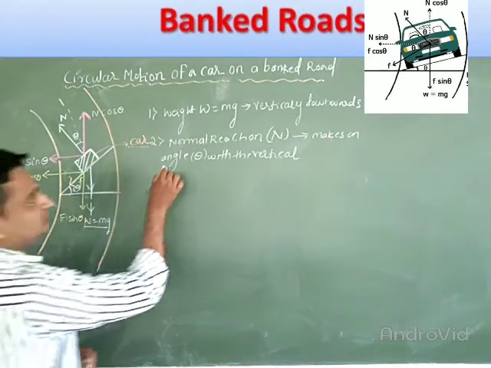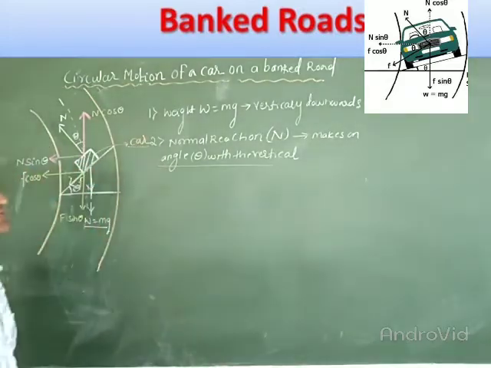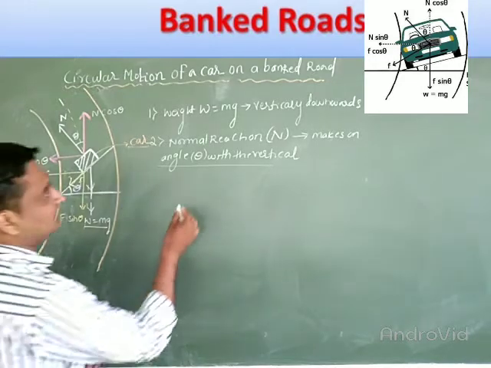Therefore, the normal reaction is resolved into two components, one vertical and one horizontal.